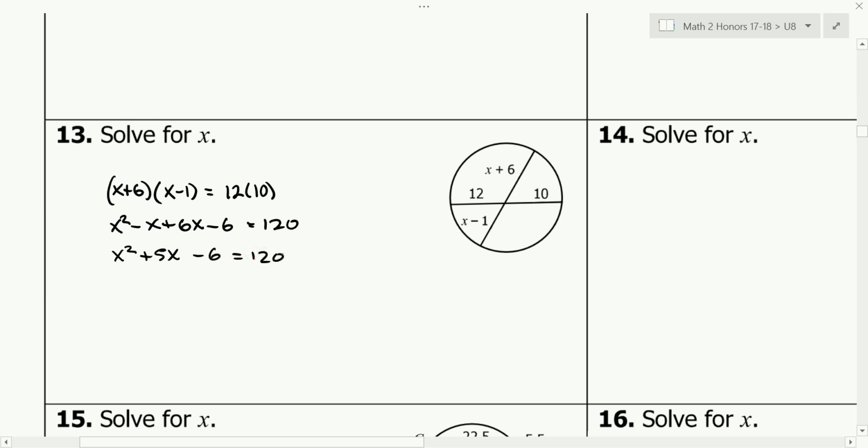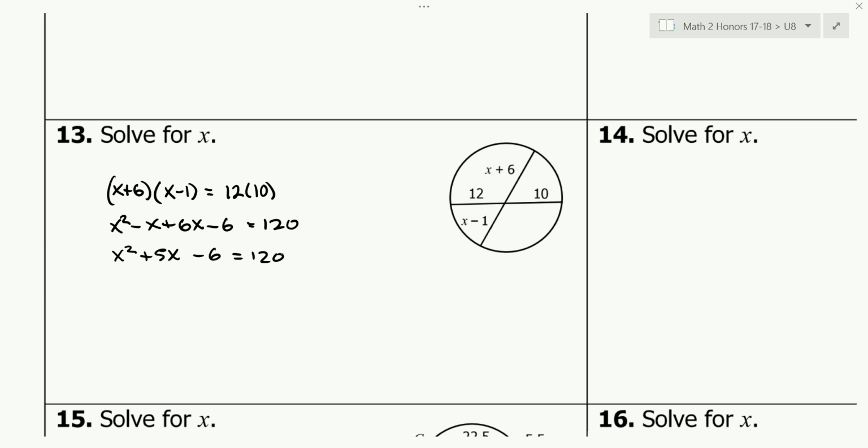So if we're thinking quadratics here, what is a good method to solve this quadratic? You got to make it equal to what? 0, and then try to factor it.